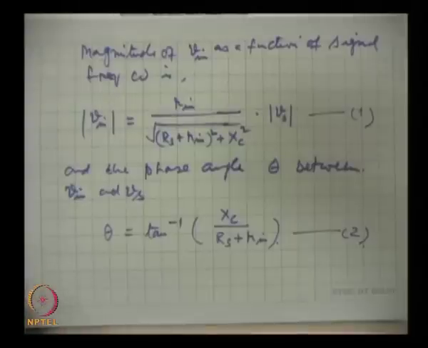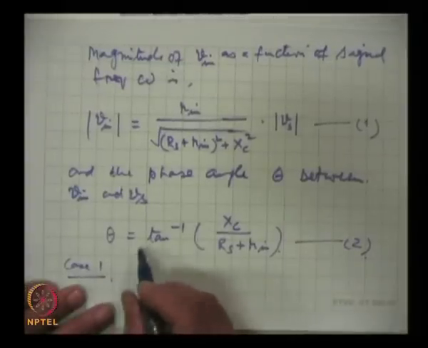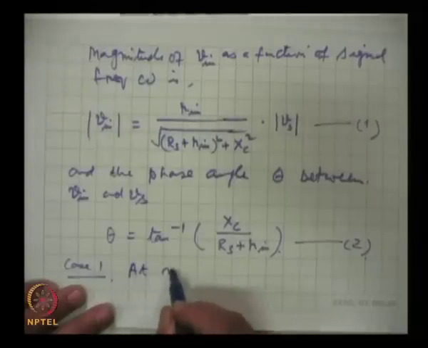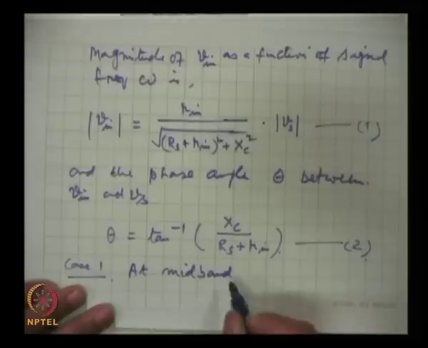Now, we discuss the midband and the lower cutoff region and come out with a useful expression which can be used to calculate the value of the capacitor for a particular cutoff value. These two equations. Now, case 1, at midband.